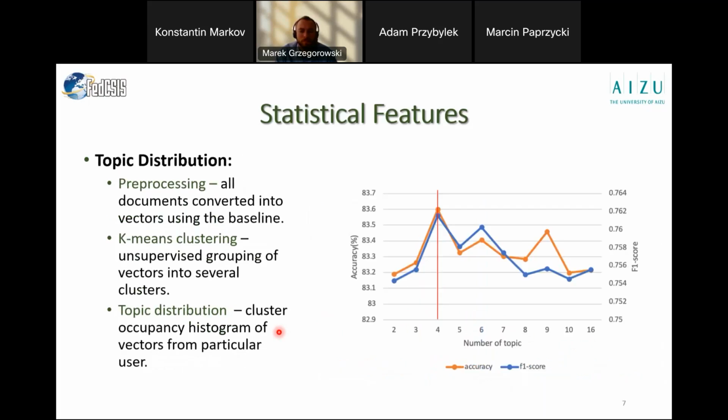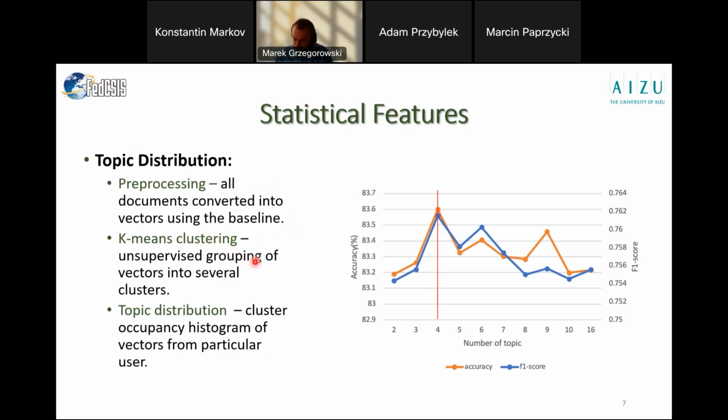Another feature that we extract is a topic distribution. We assume that people with different personalities would prefer different topics to write about. So we cluster all the document vectors that we extract from our baseline using k-means clustering.